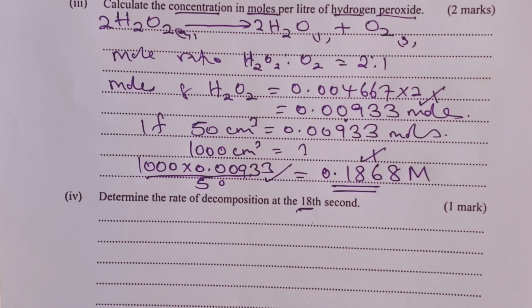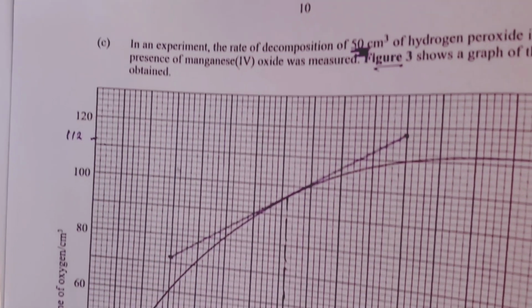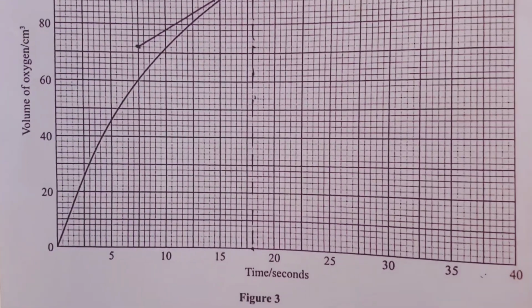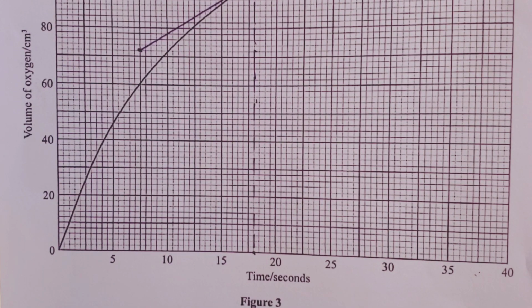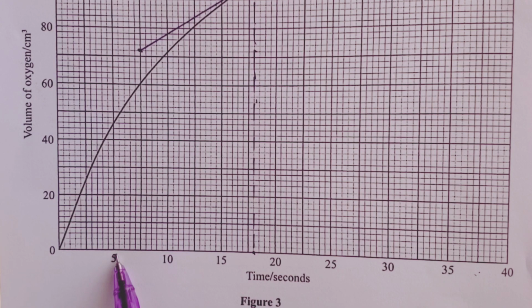So we shall get back to our graph, and here we are. We are supposed to approximate 18th second on the x-axis. And if you look at our scale, between 0 and 5, we have 10 small squares. So it means every small square represents half seconds.